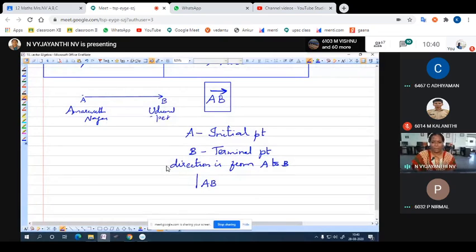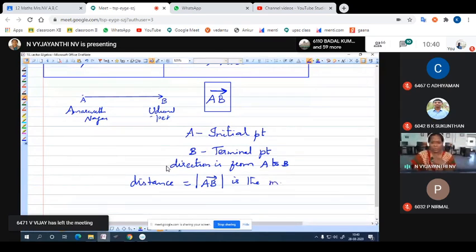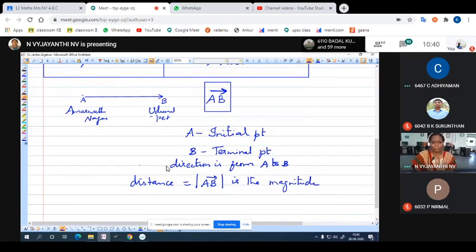And what is its magnitude? Modulus of AB vector is AB, the magnitude, which is the distance, isn't it? Modulus of AB vector is the magnitude. What is the vector? Vector is the direction. So here this AB vector involves both the direction as well as the scalar, which is the distance.